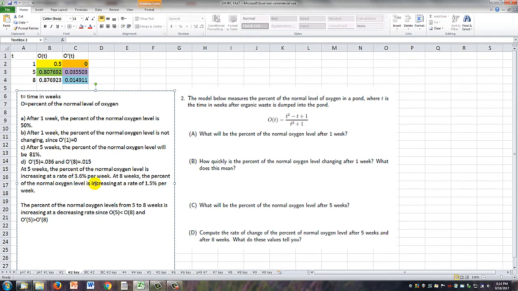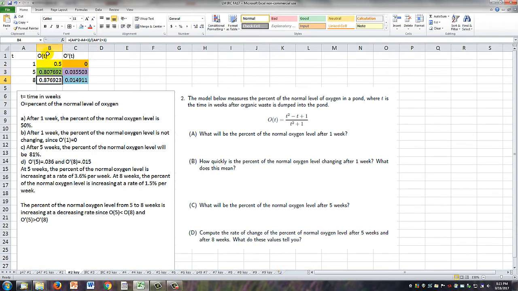Okay, what the derivative tells us is this: the percent of normal oxygen level from 5 weeks to 8 weeks is increasing at a decreasing rate. So if you look here, this value here is 80%, and this value is 87%.